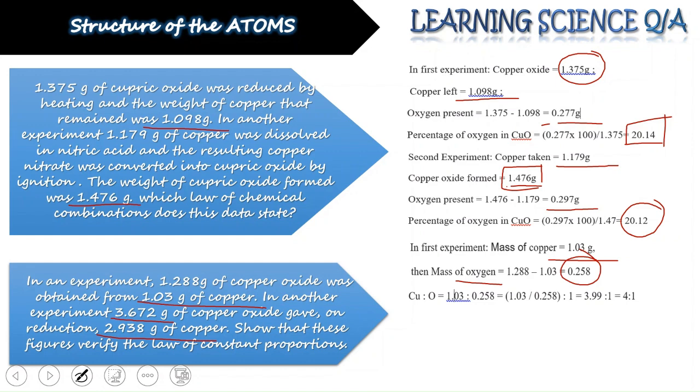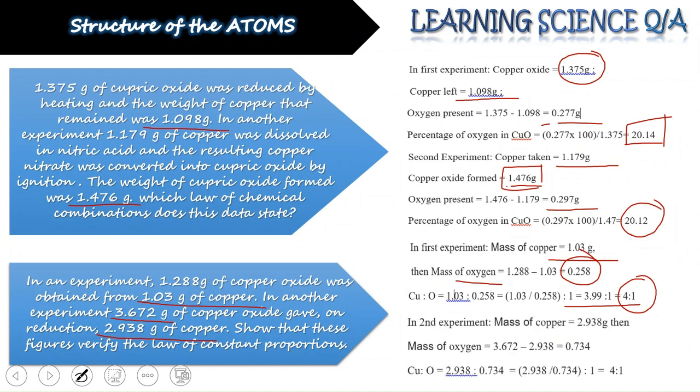On simplifying, the ratio is around 3.99 is to 1. So 3.99 can be easily written as 4 is to 1. So right now we are taking 4 is to 1 as the ratio between the copper and oxygen in copper oxide.